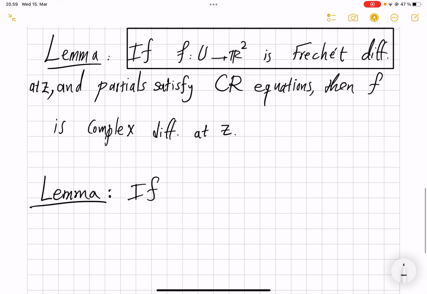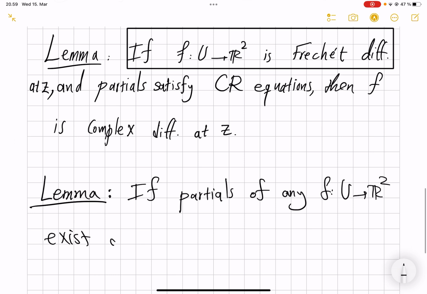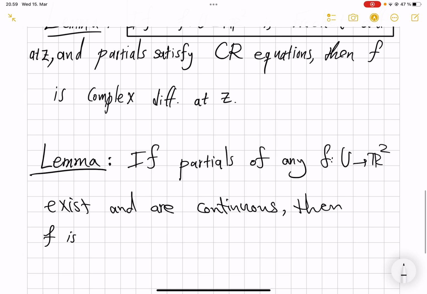So if partials of any function f exist and are continuous, then f is Frechet differentiable on U. So if we assume partials are continuous, then existence of partials does imply Frechet.